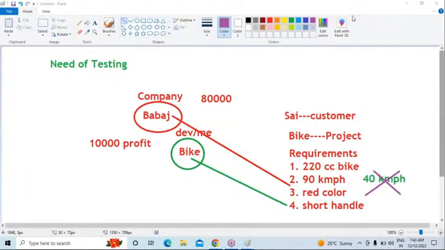So what will the customer do? He will reject. We will not buy it. He already purchased it. So he simply gives a complaint to the company: whatever bike you developed is not meeting my requirements. You have to replace the bike or you need to modify it. So that is the complaint given by the customer.